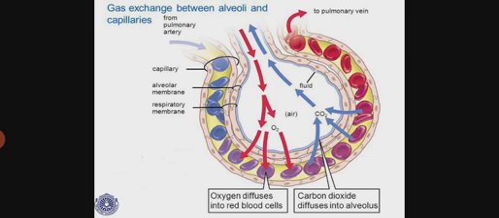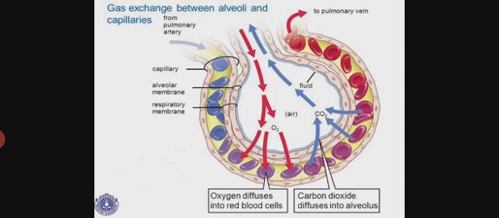Inside each and every alveolus there is a space, and the alveolus receives the oxygen when we inhale. The movement of oxygen is shown by the red colored arrow marks, whereas the movement of carbon dioxide is shown in blue.